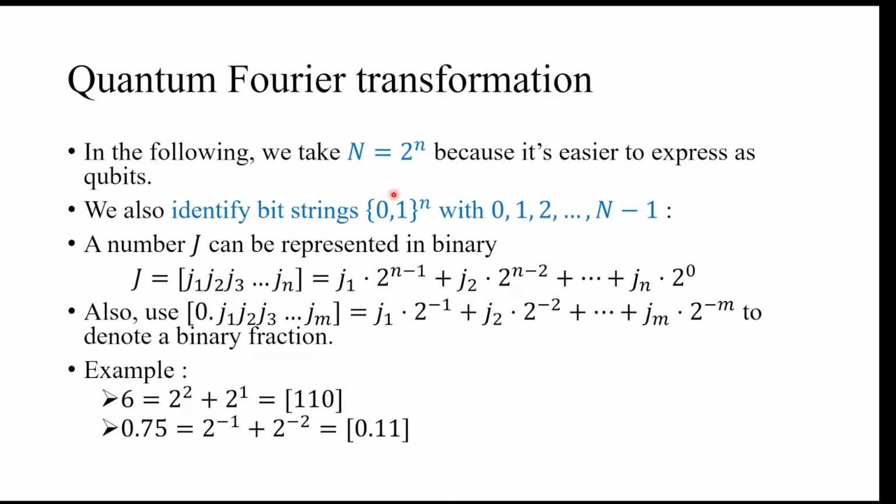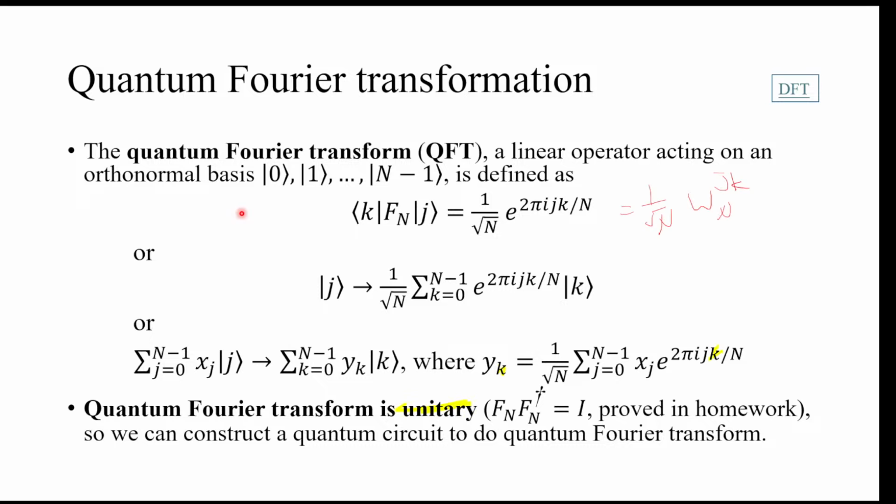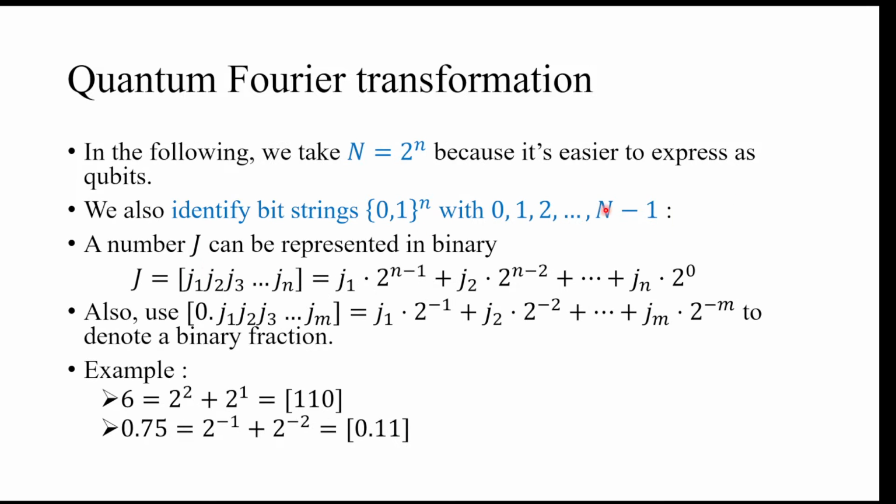And we will do some notation here. We will identify bit strings. Before, we had a whole bunch of things counting from 0 to N-1, because our basis states are 0 to N-1. Instead of 0 to N-1, we are going to break them into bits, because we have this N equal to 2 to the n. So identify 0 to N-1 with n-bit strings, 0,1 to the n, and it's just the binary representation identification.